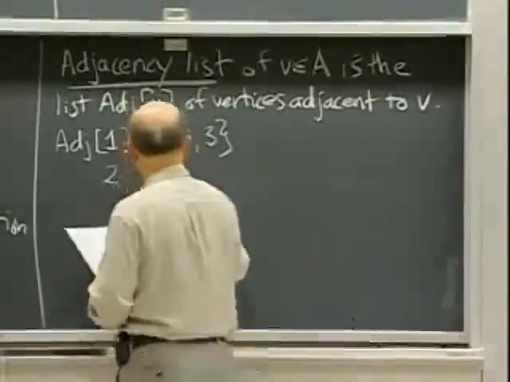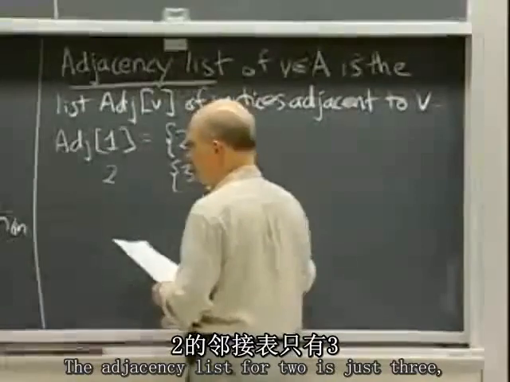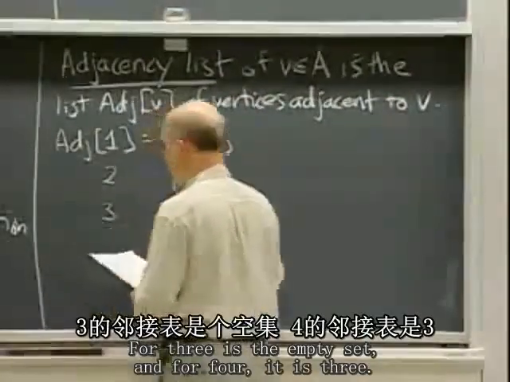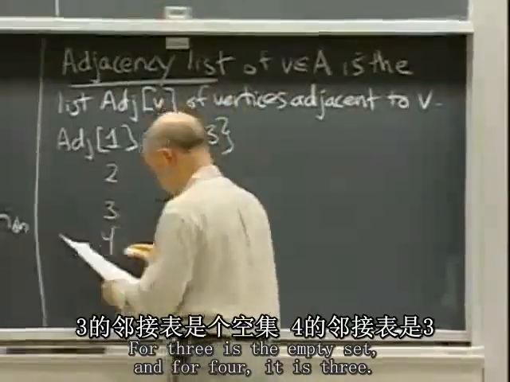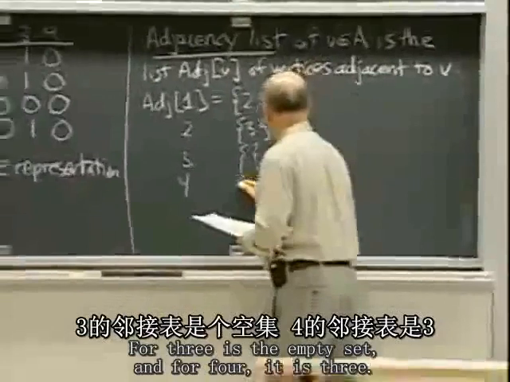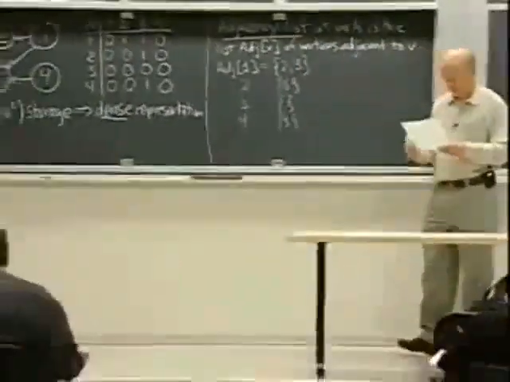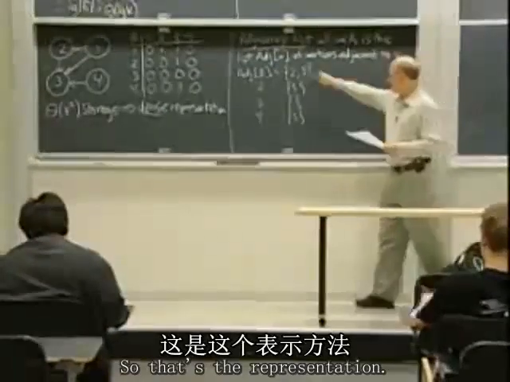And the adjacency list for 2 is just 3. For 3, it's the empty set, and for 4, it is 3.